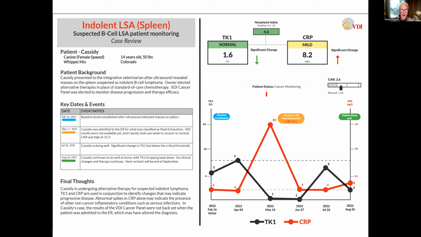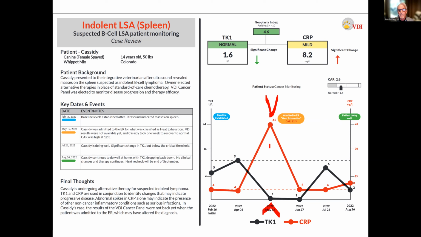Now, here's an example of an indolent lymphoma. So, why is it effective here? Well, with indolent, you just basically want to make certain that it stays low. And this one did. You'll see the black just stayed below the dotted line. You did see one elevation here for CRP, but not in a corresponding TK value.